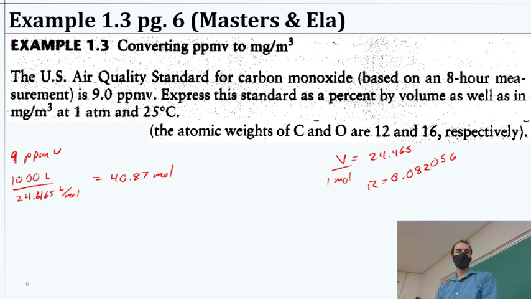Okay, so with that, we can pretty conveniently convert this 9 parts per million by volume into moles. So what we can say is this 9 parts per million by volume, that's the same thing as saying 9 times 10 to the minus 6 is the fraction of our carbon monoxide, CO, the fraction of total, right?